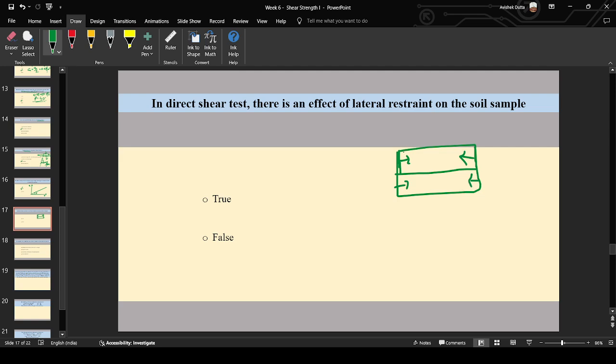These side walls give an additional pressure, additional force to the soil, because of which there is a lateral restraint. So this is true. In this case, this is the sigma, this is tau. Okay. Next question.